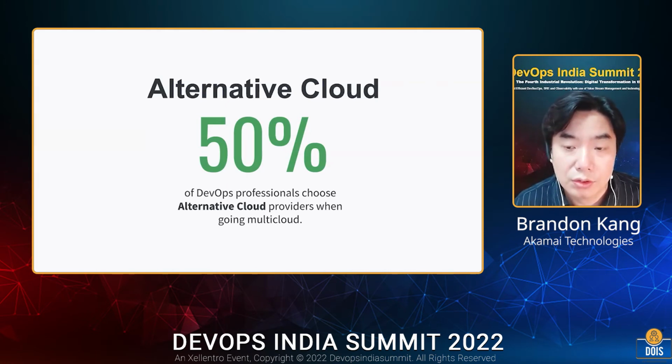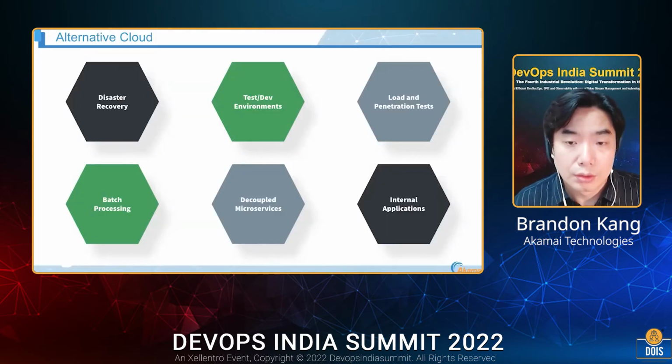The alternative cloud is more useful when used for small functions rather than the core functions of the cloud. It is particularly suitable for disaster recovery, building test and dev environments, load and pen testing, batch processing, decoupled microservices, and internal application development and operation.